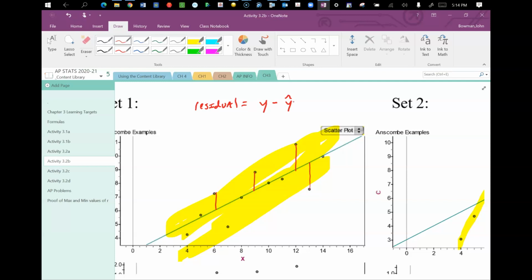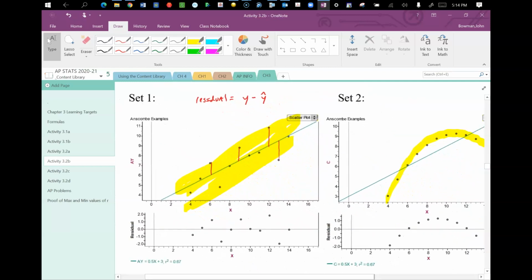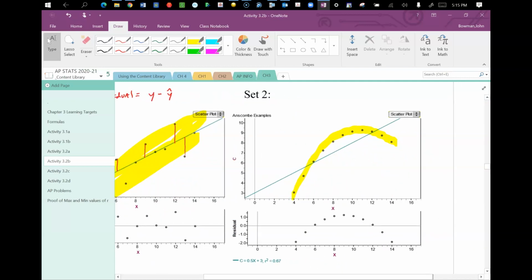Well, there's something called a residual plot. Right below these graphs are the residual plots. I'm going to explain what they are, what they show you, and how to make one on the calculator. If we look at the curved data, you will see this point right here falls almost entirely on the line of best fit, which means the difference between the actual y value and the predicted y value is virtually 0, or the residual is 0.